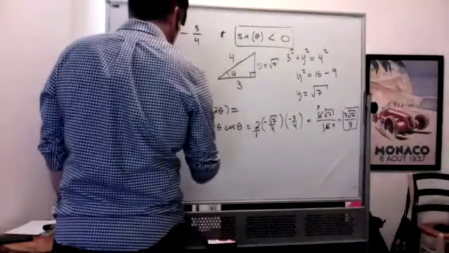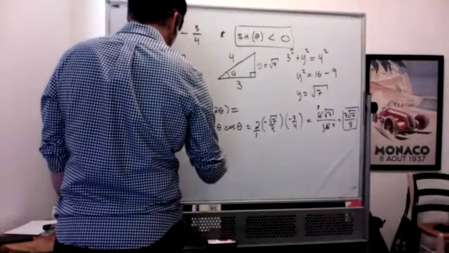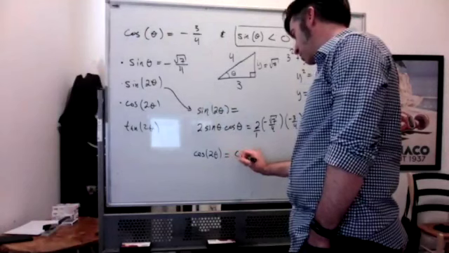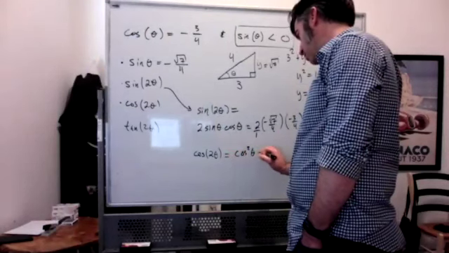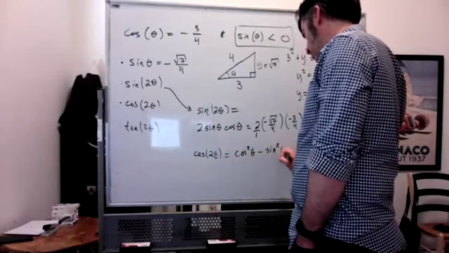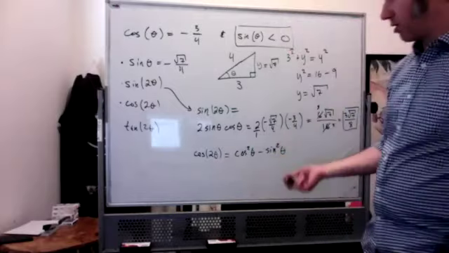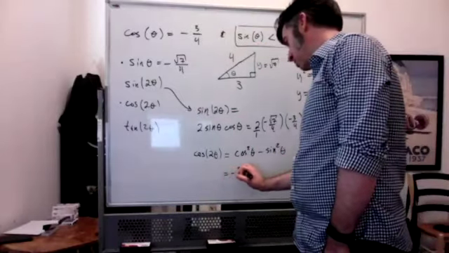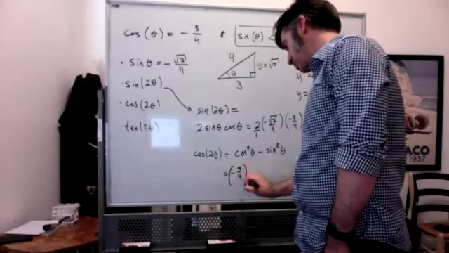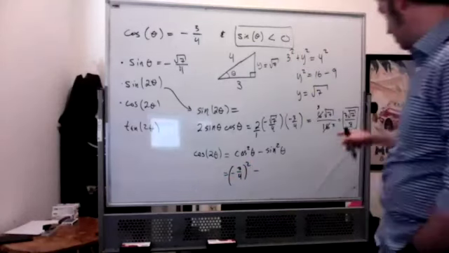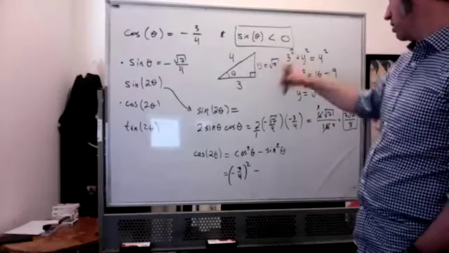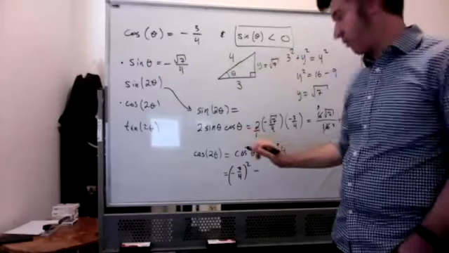Cosine 2 theta, similarly, is equal to cosine squared theta minus sine squared theta. Plugging in what we know, cosine theta is -3/4, so that's -3/4 quantity squared minus sine squared, where sine of theta is -root 7 over 4 quantity squared.